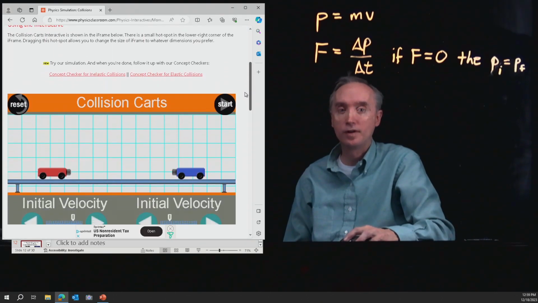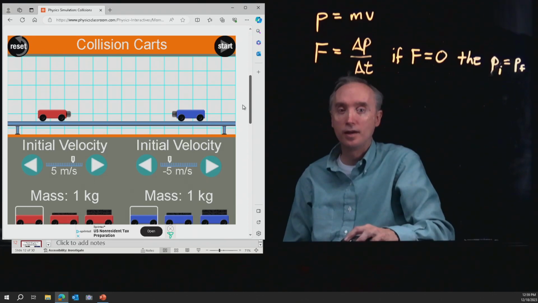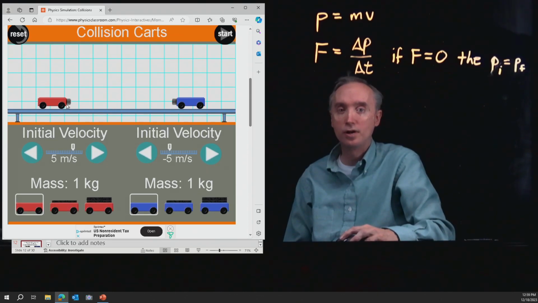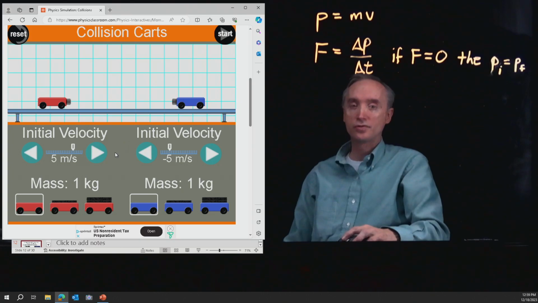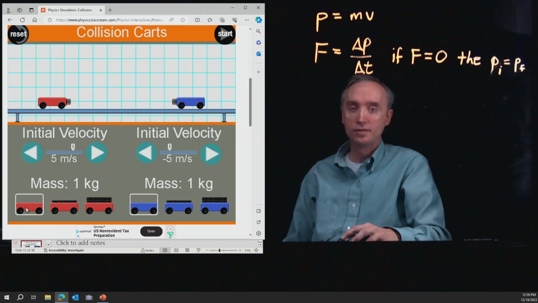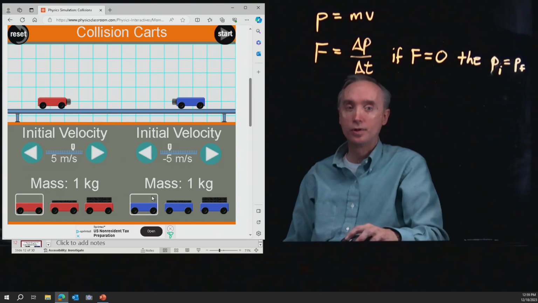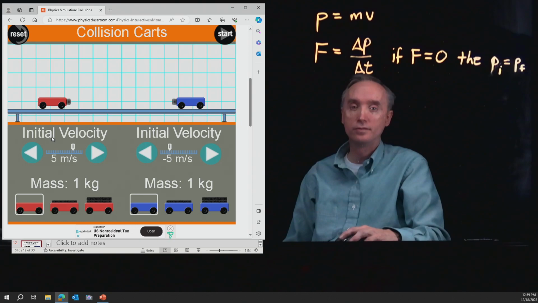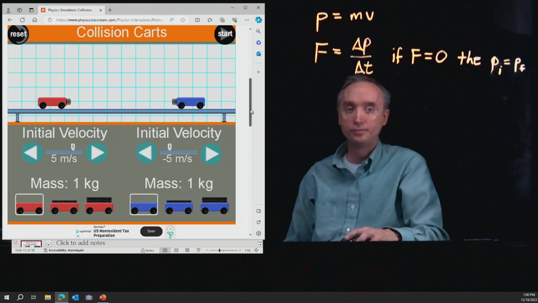Okay, and so I've got this thing here in which I've got two carts, and I can control their mass. So this one has a mass of 1 kilogram, and this one has a mass of 1 kilogram. I can also control their speeds by clicking on these things here.